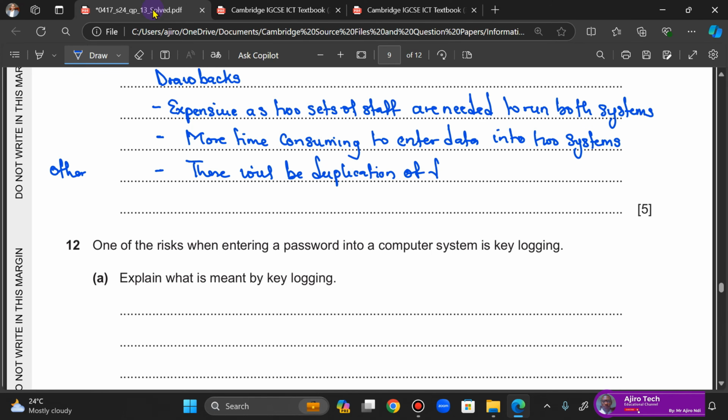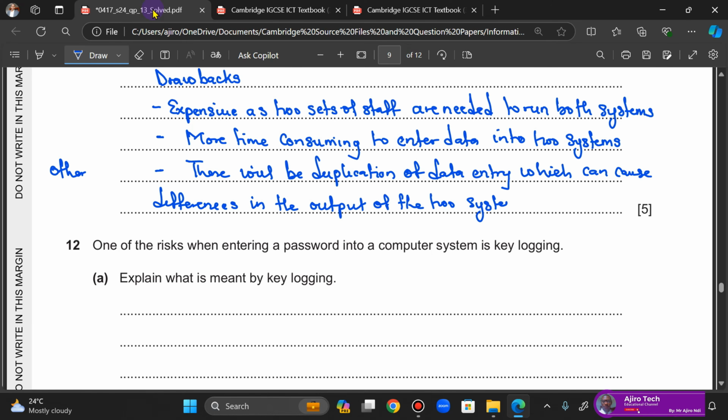Duplications of data entry, which can cause differences in the output of the two systems. Okay?